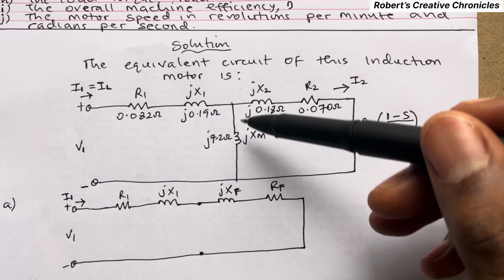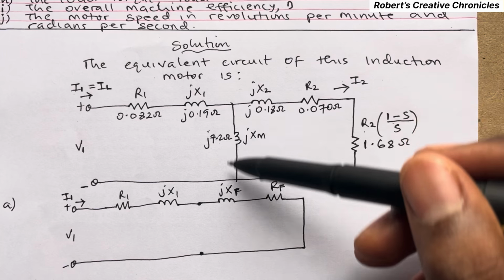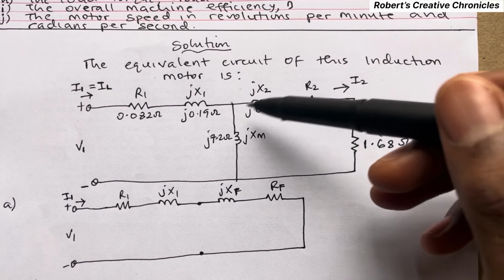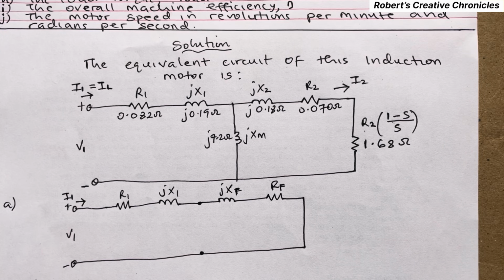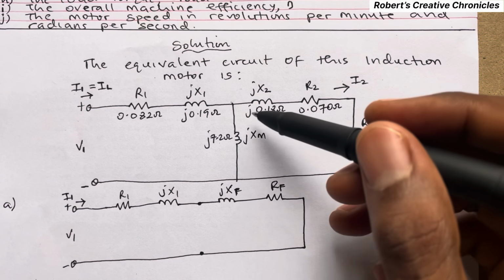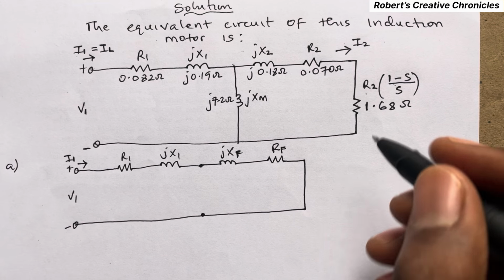The procedure for finding the equivalent impedance in parallel is the same as that of finding equivalent resistance in parallel, and also inductance in parallel. So we'll use that same formula here.